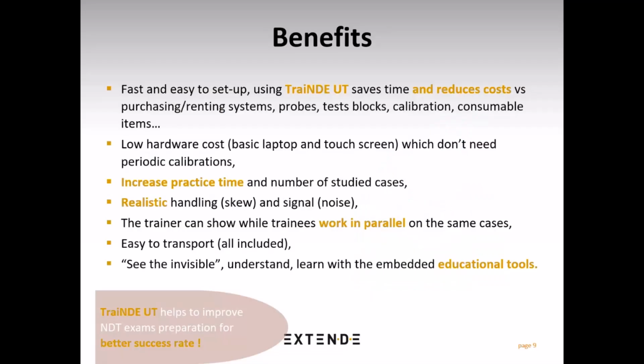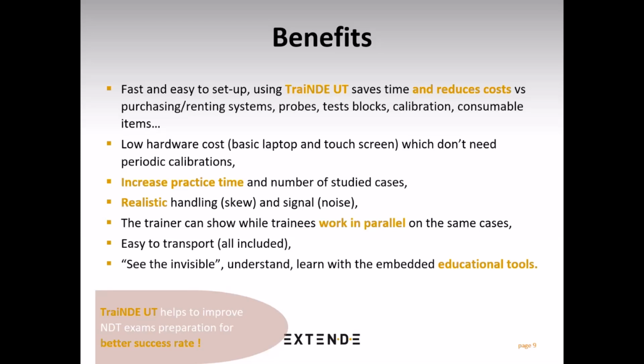Okay, so as Raphael just showed, using TraiNDE UT offers many benefits. It is fast and easy to set up. It saves time and reduces costs compared to purchasing or renting systems, probes, test and calibration blocks.